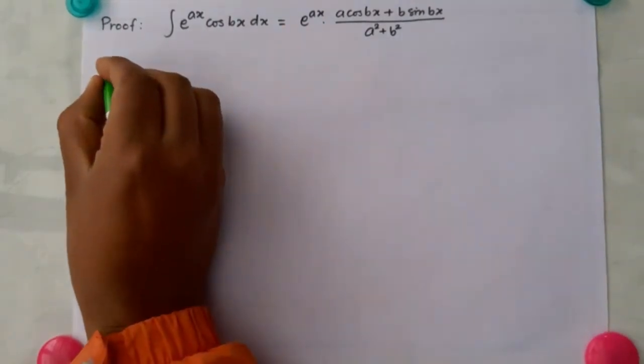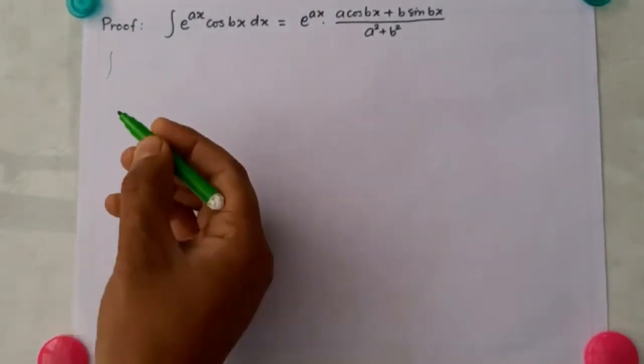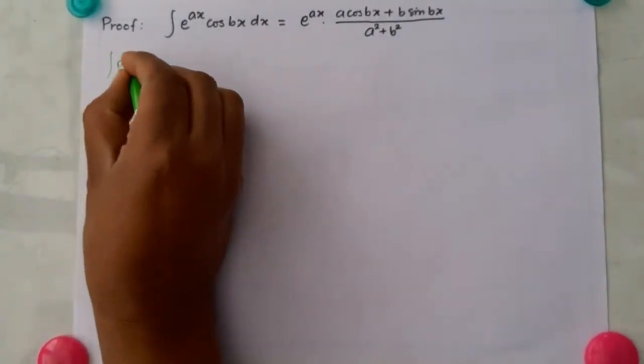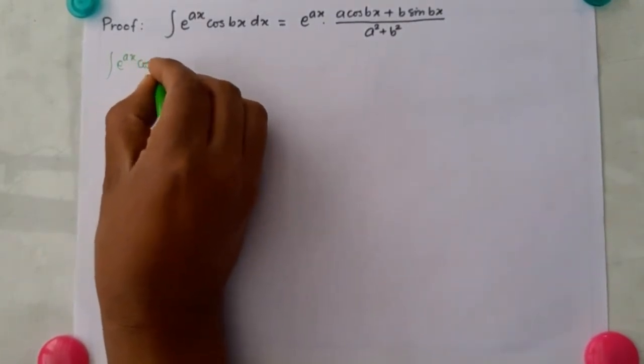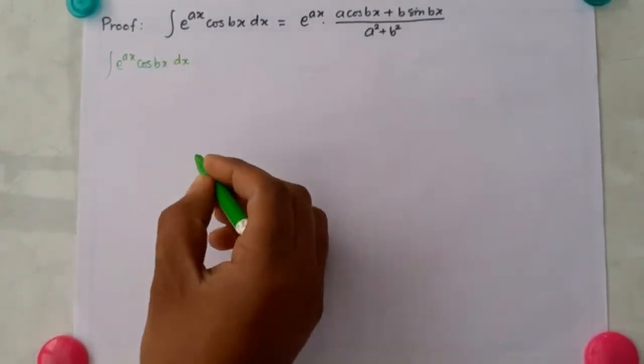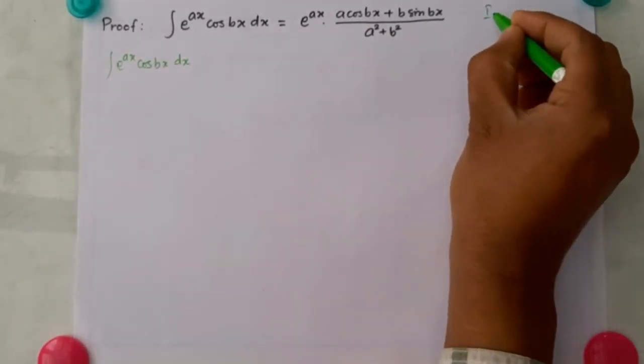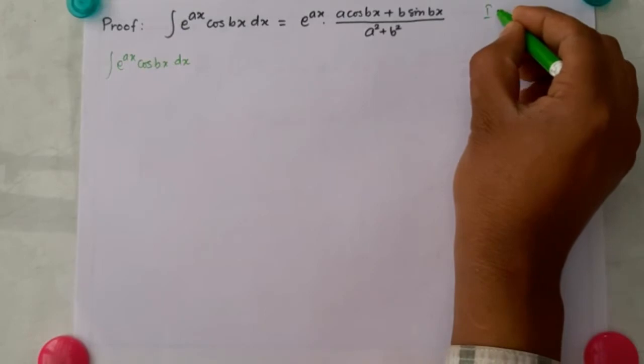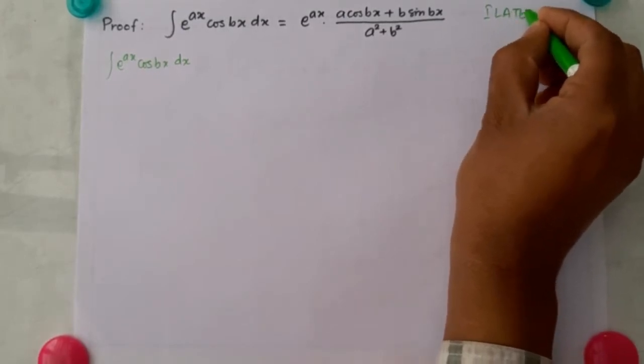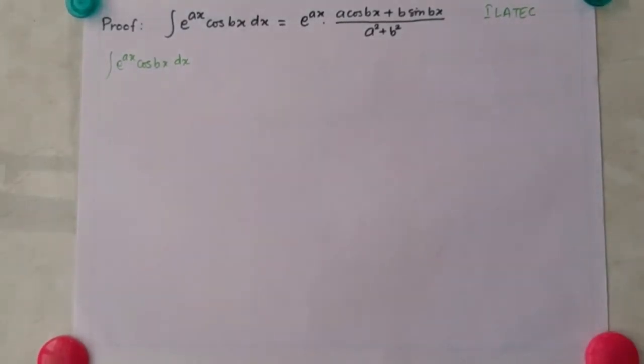So we have the integral of e to the power ax cos bx dx. Now let me write down the rule for you. The rule says ILATE.